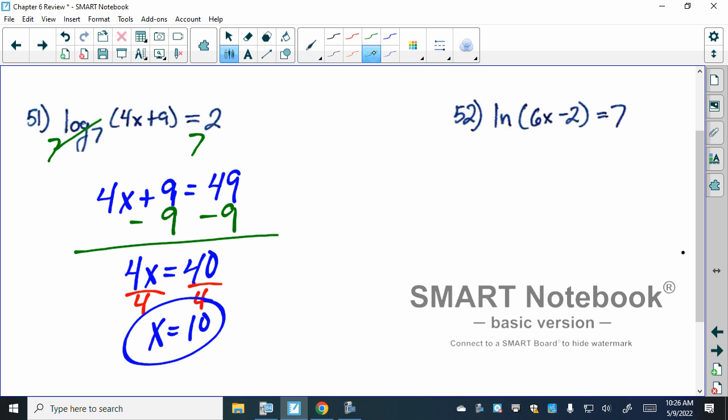We can go on and look at 52. What do we need to do first to 52? Yes. Because we want to apply the base that's going to simplify out the log. So here we're going to apply e. And the terminology for doing this is just funky.